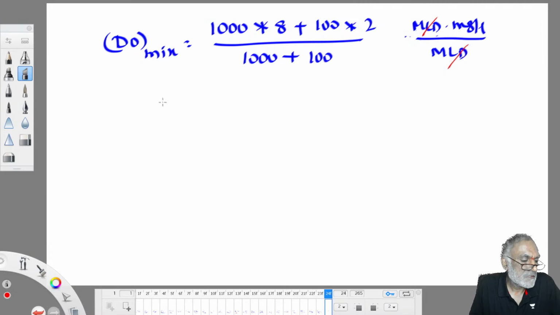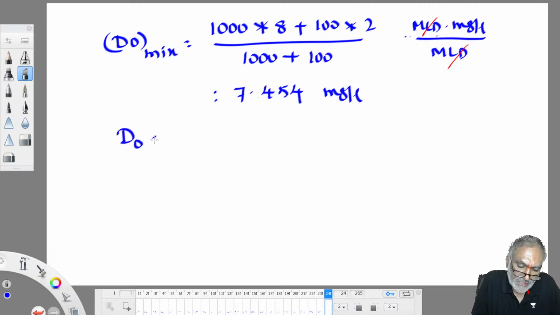So 1000 into 8000 plus 200, 100 into 2, 200 by 1100. So it is 7.454 milligram per liter. Okay?